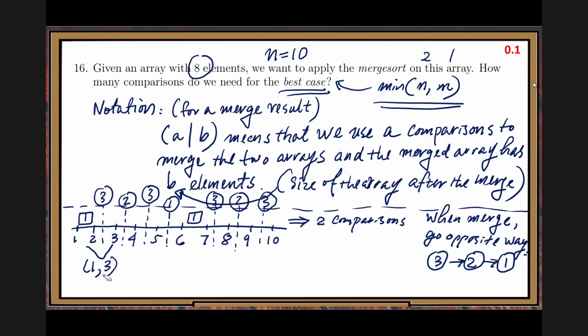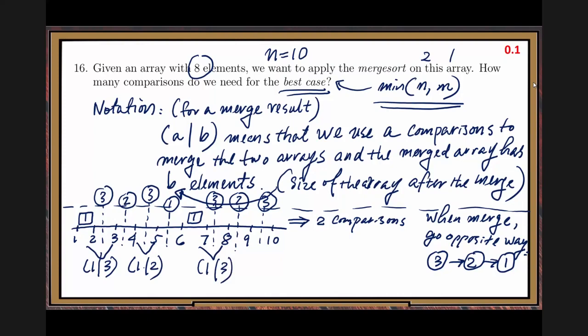Oh, sorry, vertical bar. I use vertical bar. Then here, merge based on our notation, 1 comparison, 2 array size. The merged array size 2. Against that round 3, 1 comparison because minimum is 1. Array size is 3.